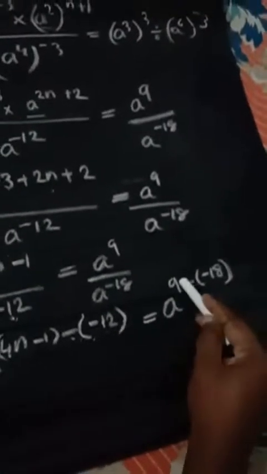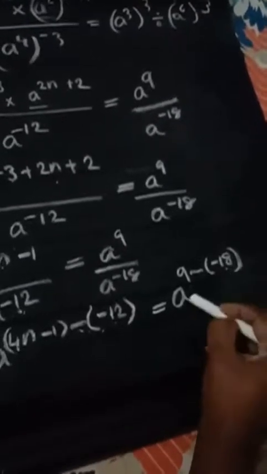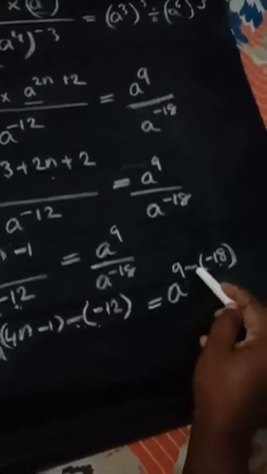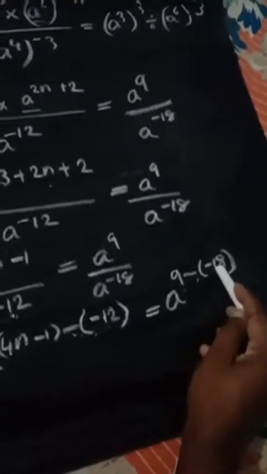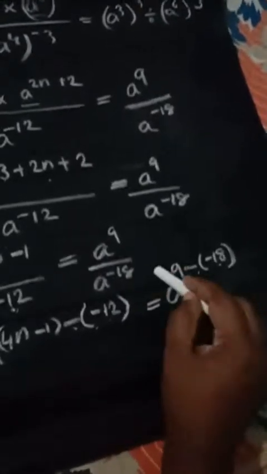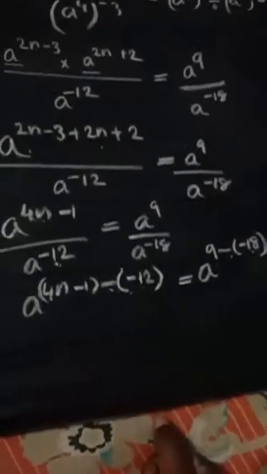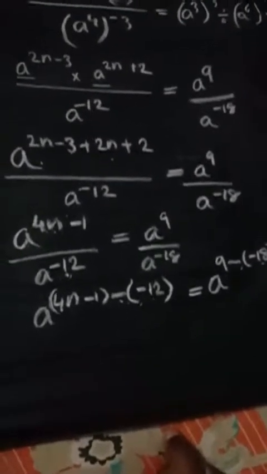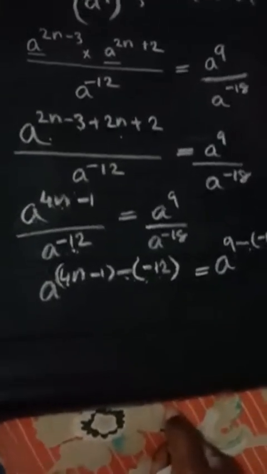Same way, a^(9−(−18)), in the place of n it is negative 18. Be careful while doing this type of problem. Nothing else is there, you just need a little care.